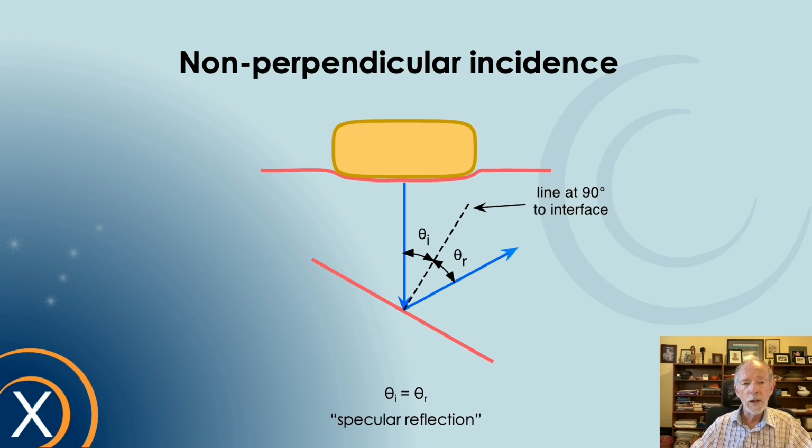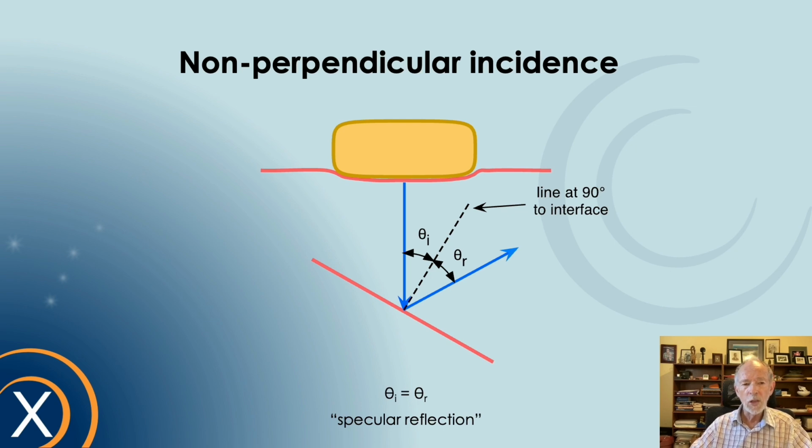I'm then going to define two angles relative to that line. So I've got the incident angle, which is the angle between the incident ultrasound beam and the reference line. So that's theta I. And then I have the reflected angle, which is the angle between the reflected beam and, again, that same reference line. And so that's theta R.